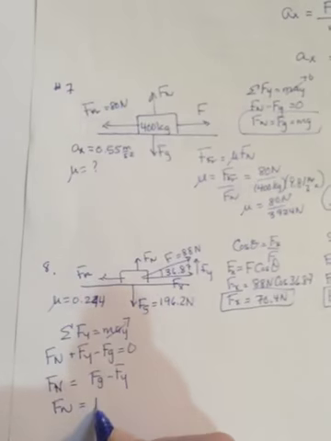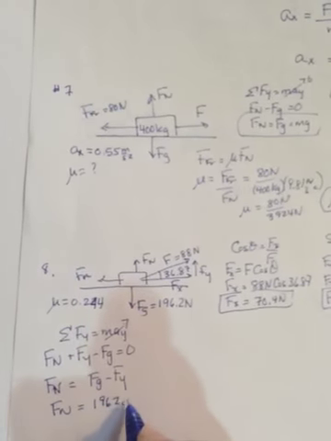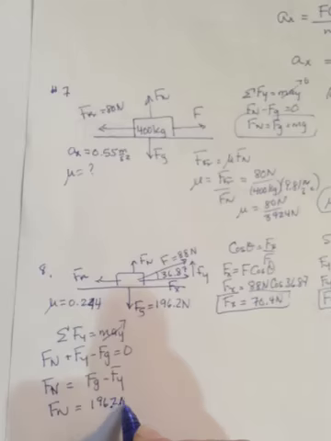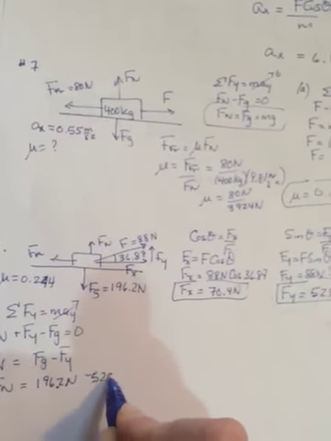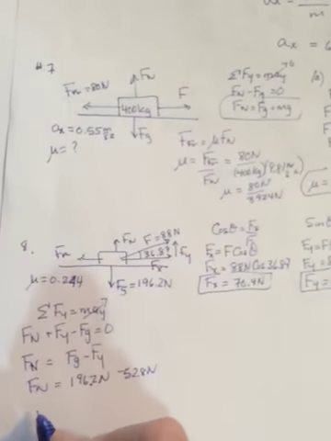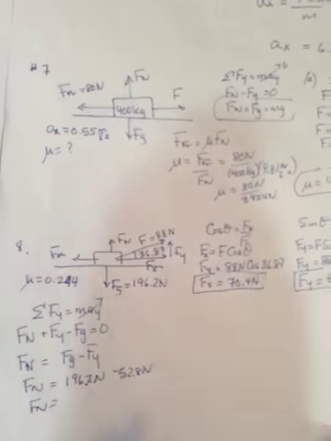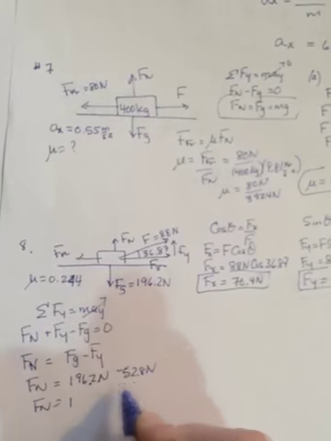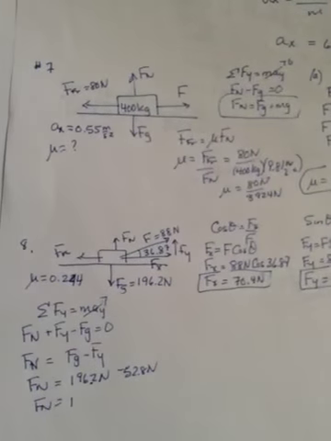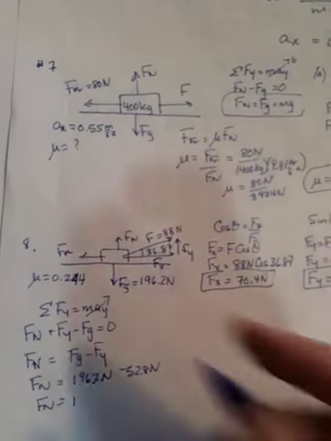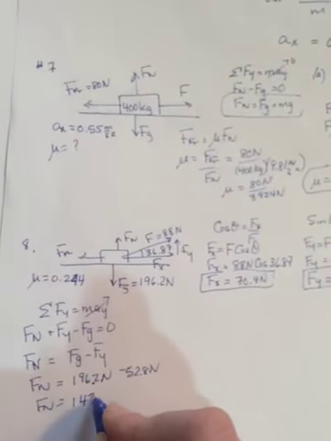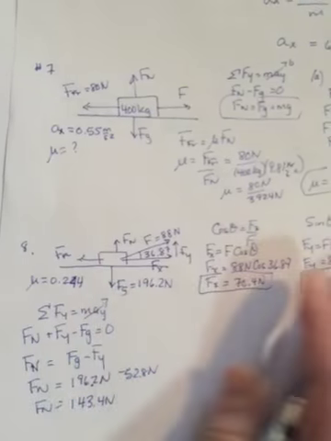So Fn then is equal to 196.2 newtons minus 52.8 newtons. So we get our Fn. What is that? 143.4 newtons.